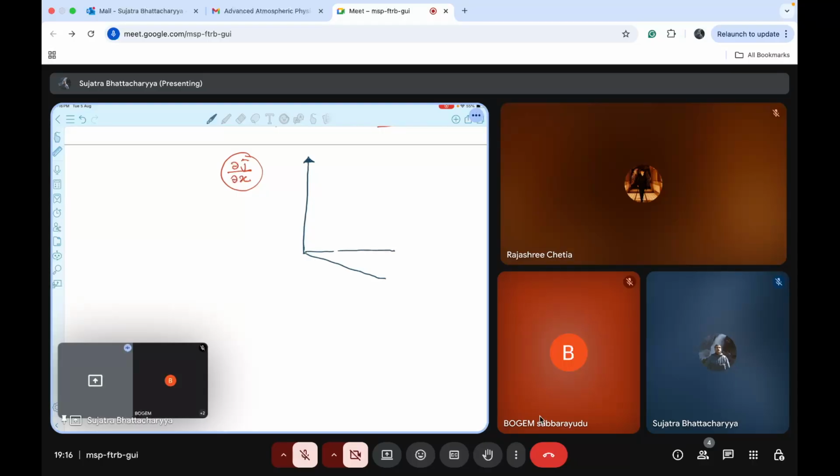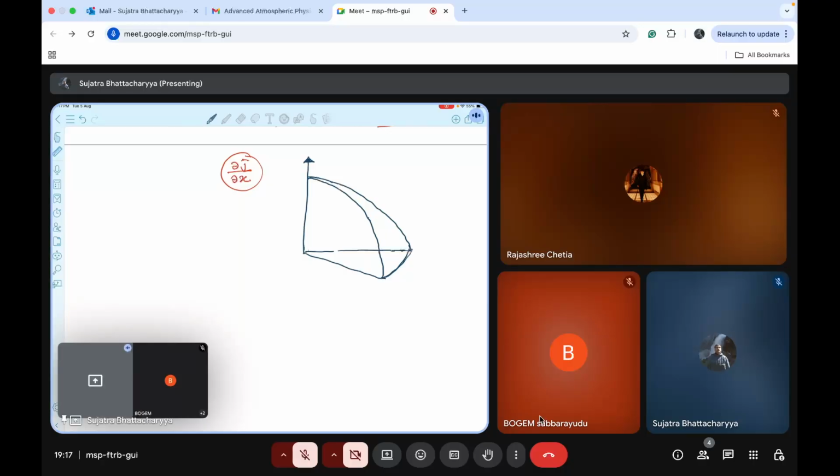This is one of the curvatures of y, and another one is something like this. So this is some kind of a segment of the sphere.